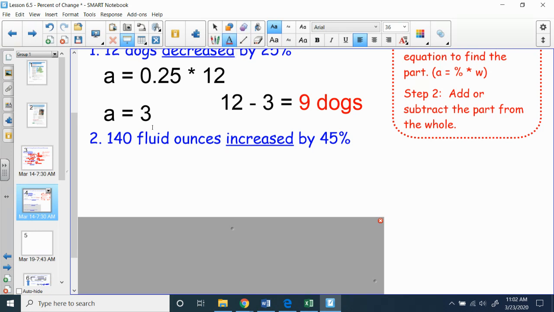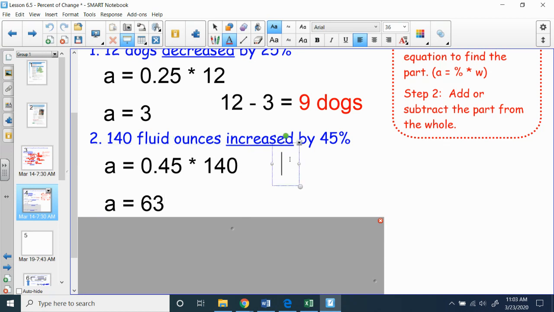A equals, the percent is 45 hundredths, so 0.45, times the whole, which is 140 ounces. Grab my calculator, and A equals 63. I should be increasing my intake by 63 more ounces.